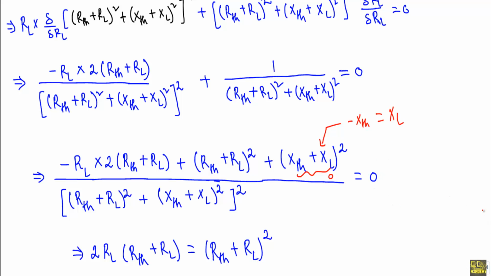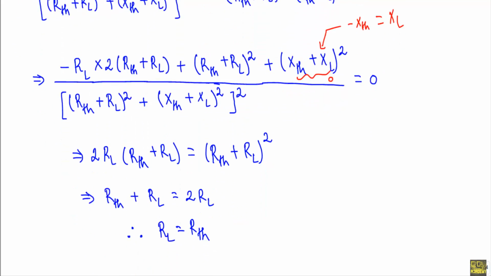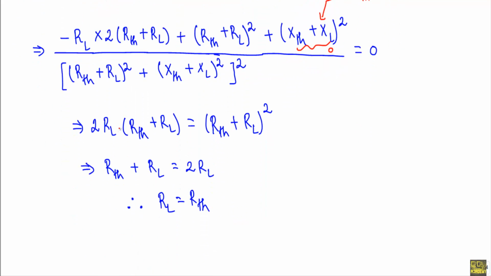Now see, we can cancel out one of RTH plus RL from the right side. So I can write down RTH plus RL will be equal to 2RL, from which I can write for maximum power transfer RL has to be equal to RTH. Let's say this is equation number 3.